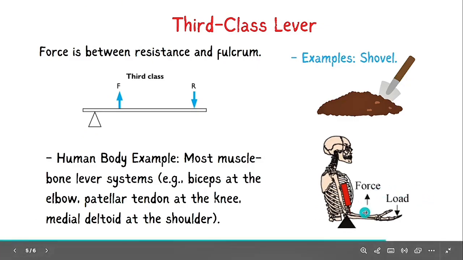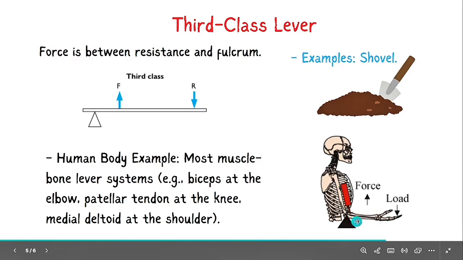The biceps apply the force between the elbow and the hand, and the elbow joint is the fulcrum. So, fulcrum, effort, load. This is the classic third class structure. When you lift a weight by bending your arm at the elbow, your biceps contract and pull on the forearm.